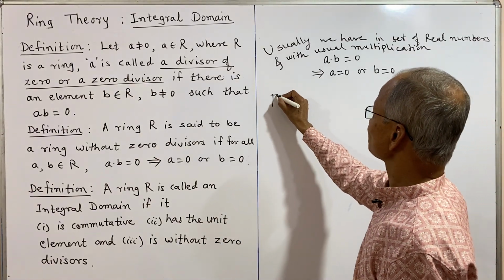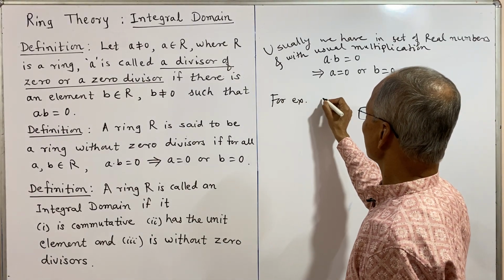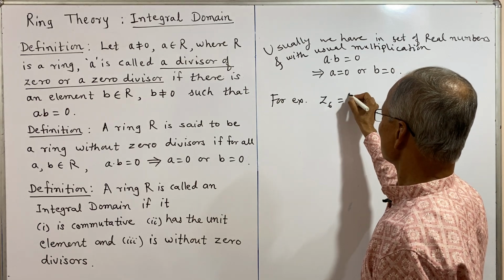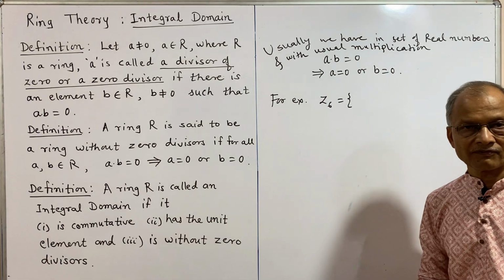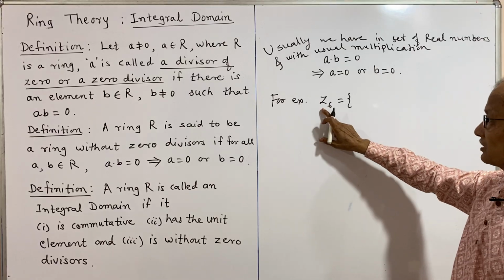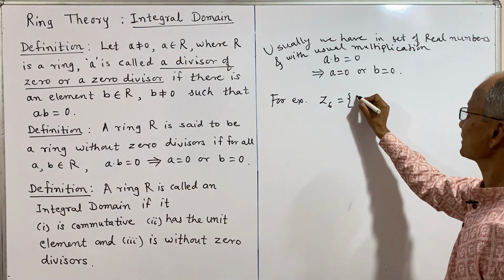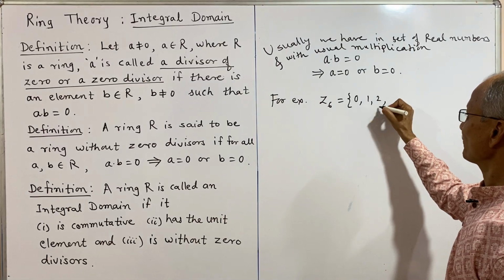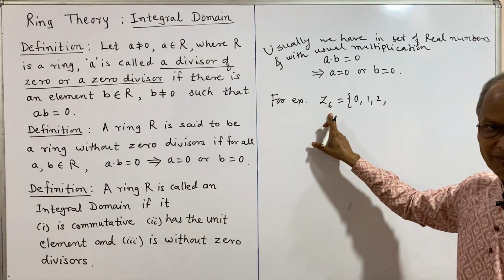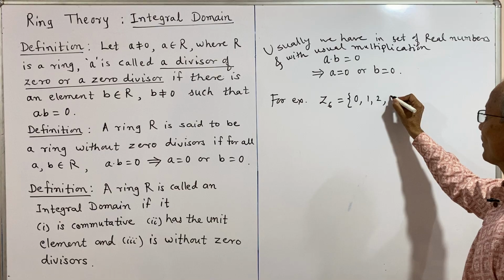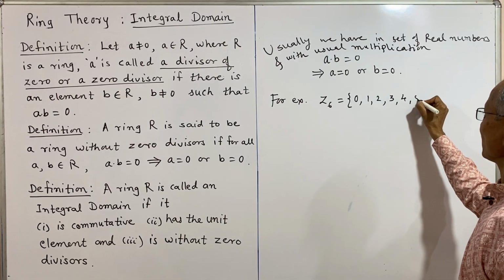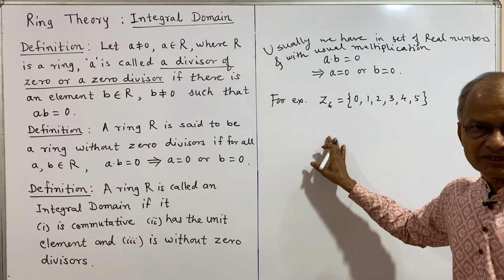For example, if we consider Z6 as in our earlier lecture on field, this is the set of integers modulo 6, and these integers are remainders obtained when an integer is divided by 6, and these are 0, 1, 2, 3, 4, 5. These are results from number theory.